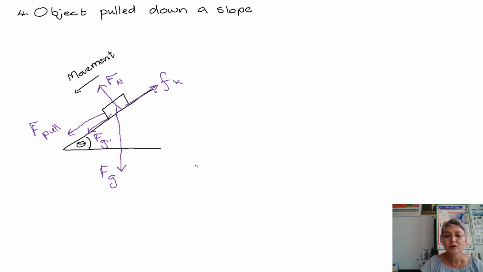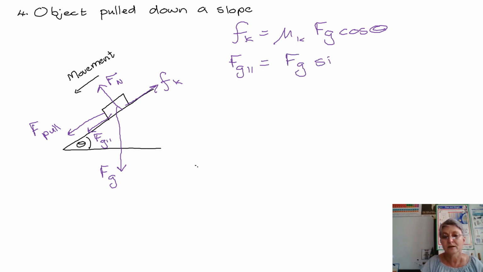So the following stays the same. Fk would be mu k times Fg cos theta, and the component of the weight that is parallel to the slope remains Fg sine theta.